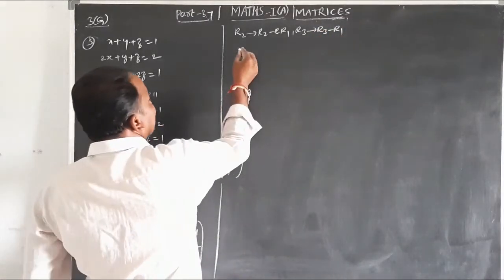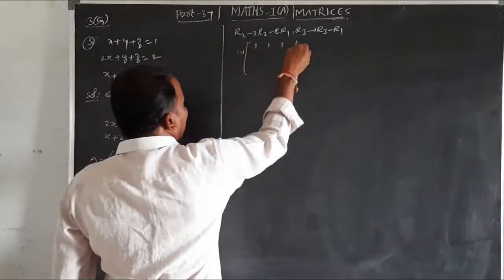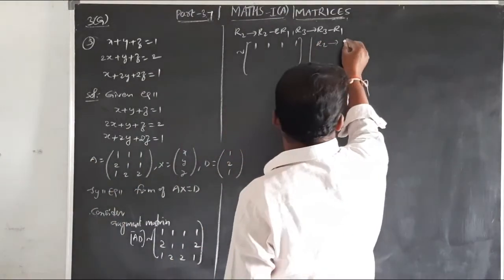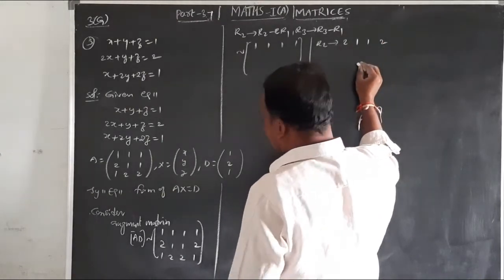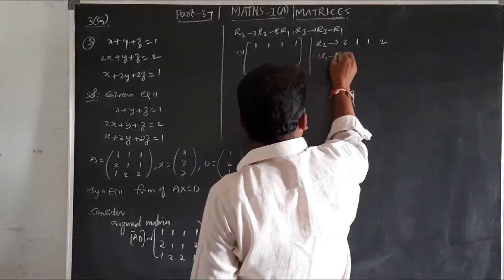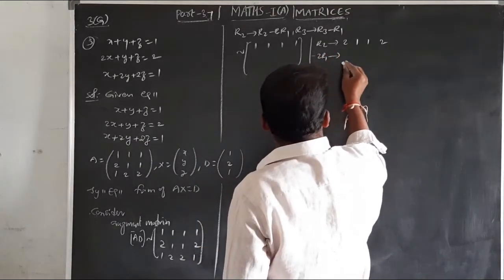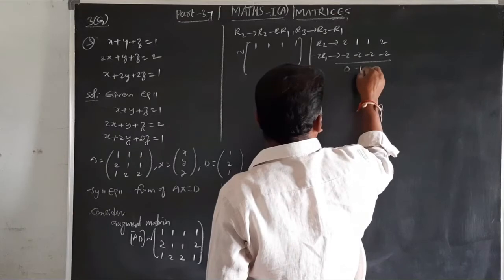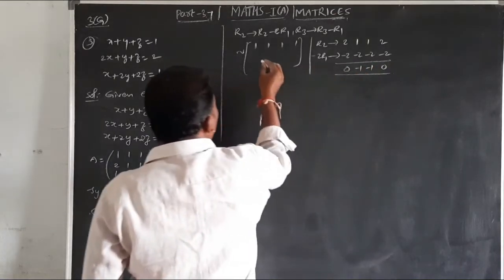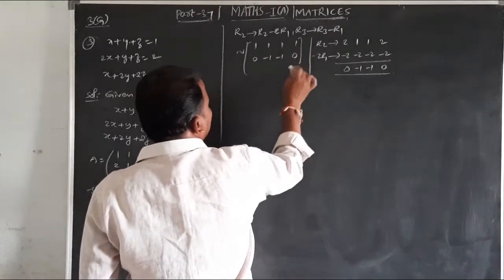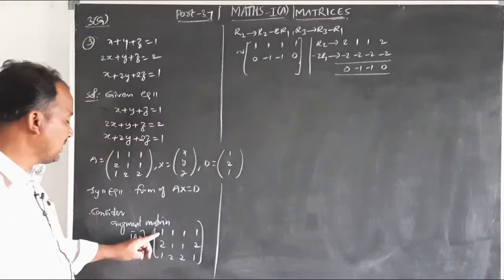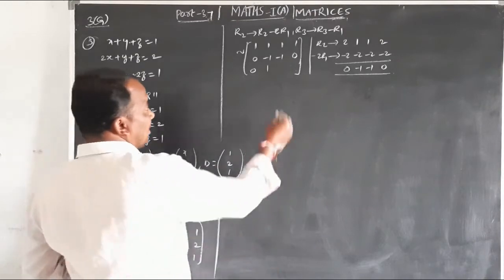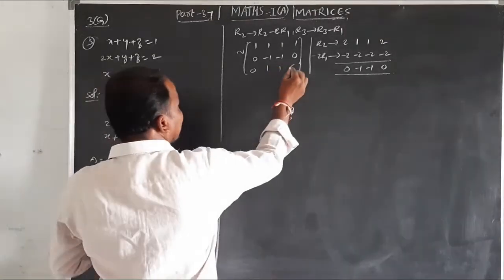R2 equals 2 1 1 2 minus 2R1, which gives 0 minus 1 minus 1 0. R3 minus R1 gives 0 1 1 0.